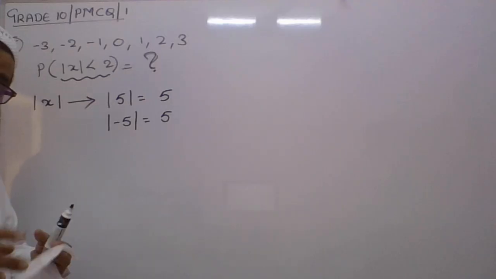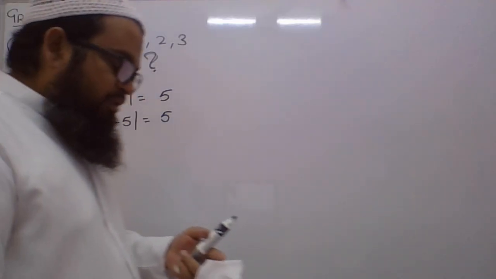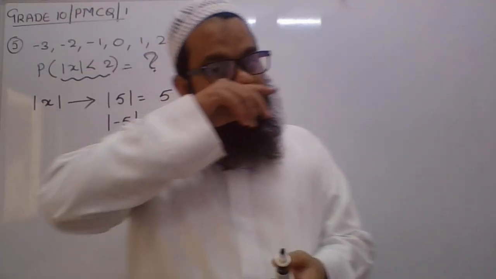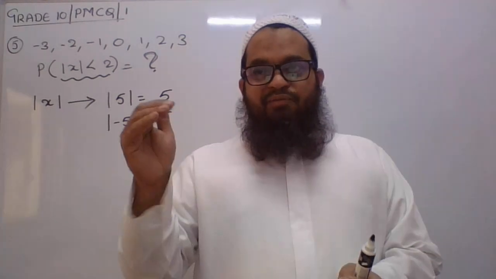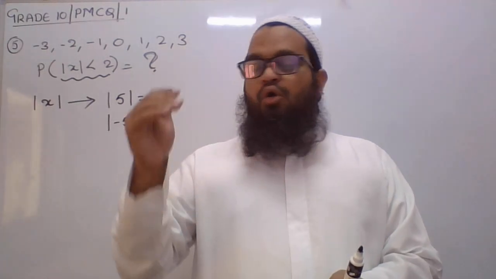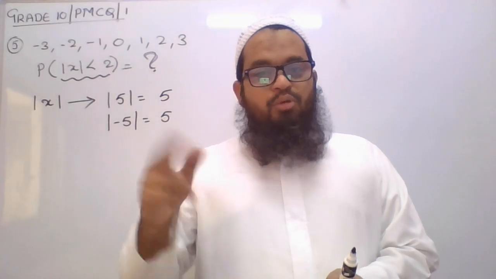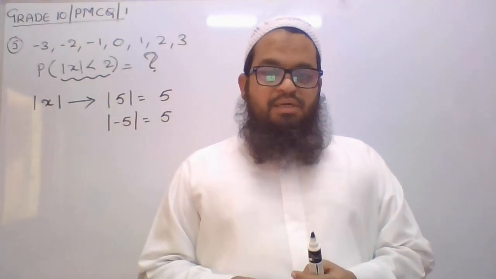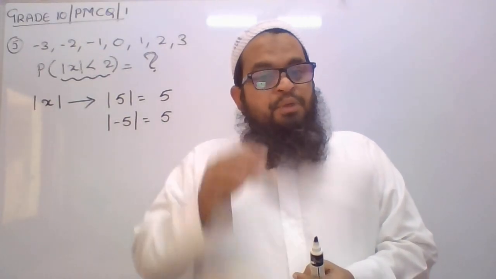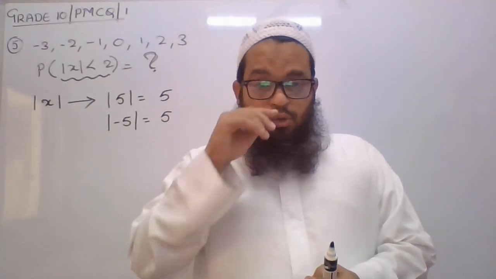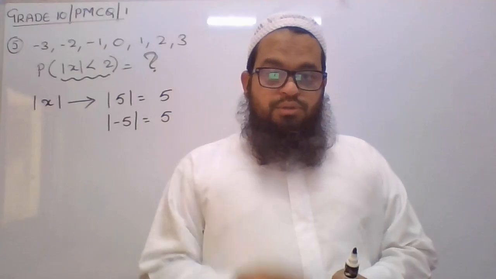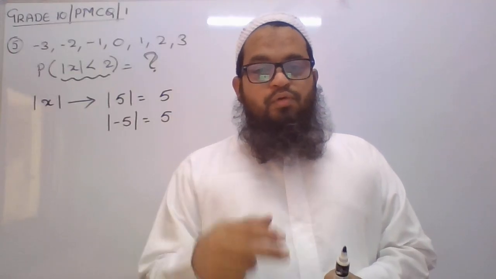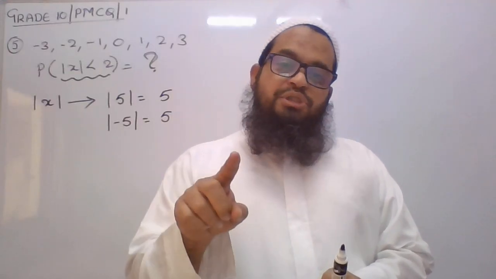So for example, in order to explain you, imagine you are standing on the ground floor. Now you have gone to the second floor. So how many floors have you ascended? 2 floors. Now you came back to the ground floor and now you went down 2 floors. That means in the cellar you went 2 floors. So where is your position?